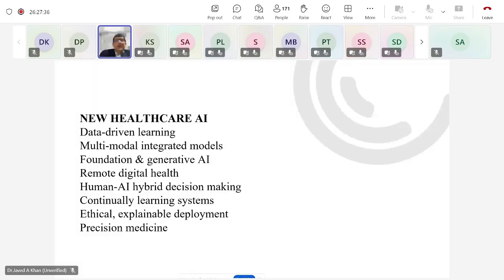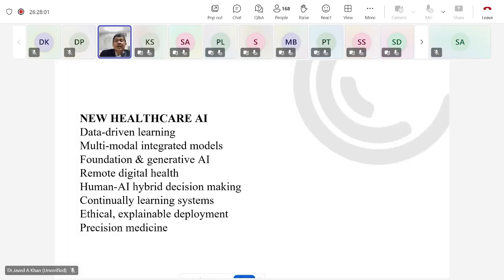New healthcare AI gives data-driven learning and multi-modal integrated models. Many models can be integrated to become a hybrid and give predictive results in a more precise way. Foundation and generative AI, remote digital health, so we can capture remote areas in the healthcare system.